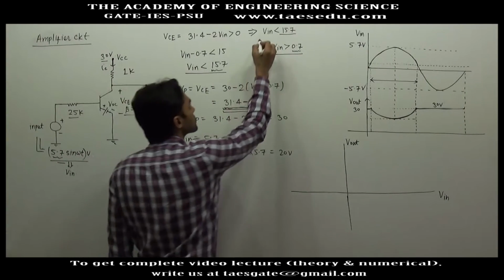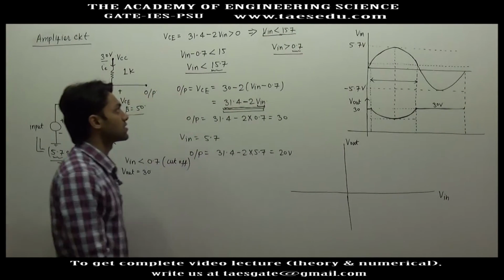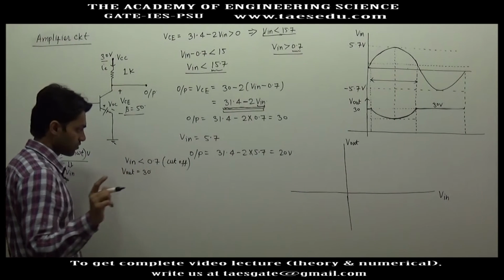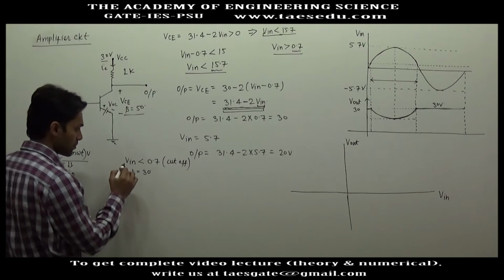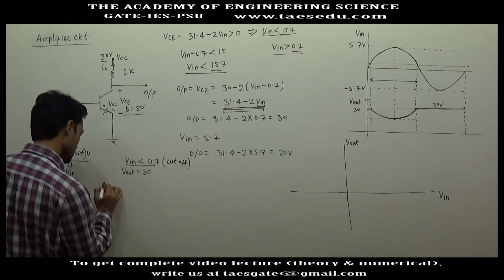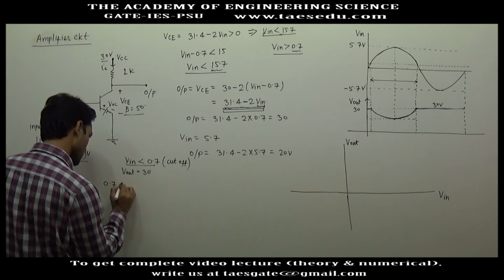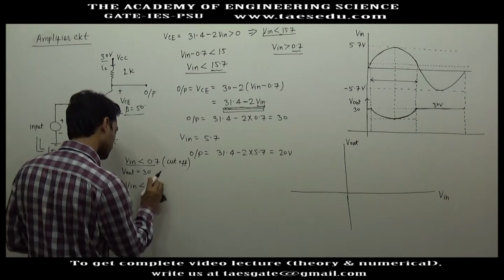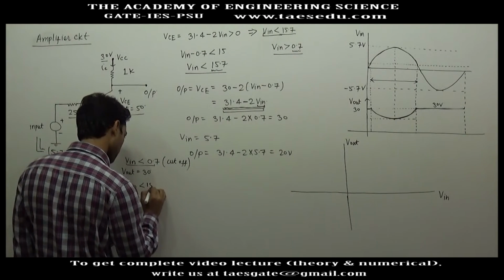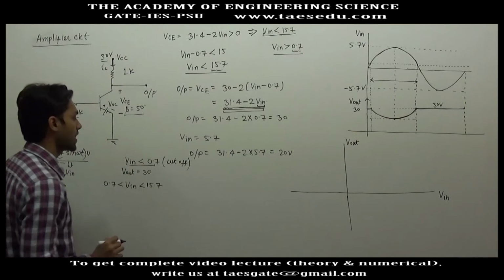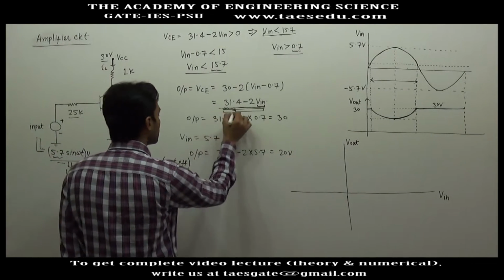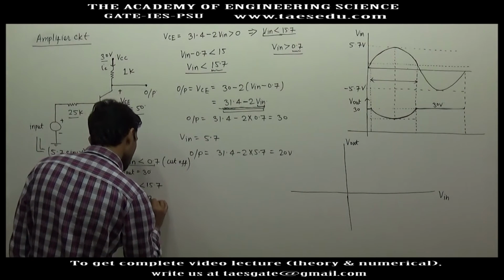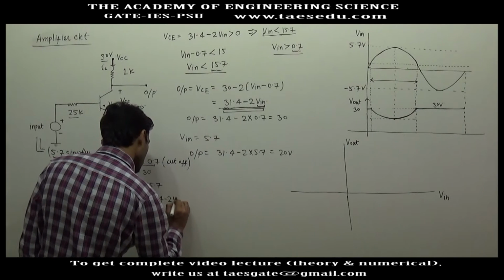If V input is less than 15.7 volt, the transistor will operate in active region. But first, to operate in active region it must be out of cutoff region. So we will say, if V input is greater than 0.7 volt and less than 15.7 volt, this will operate in active region. And in active region, what is output voltage? The output voltage is 31.4 minus 2V input.